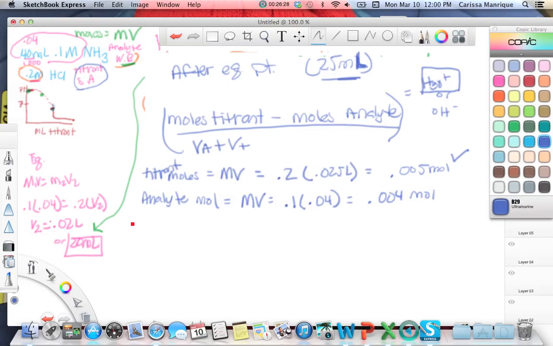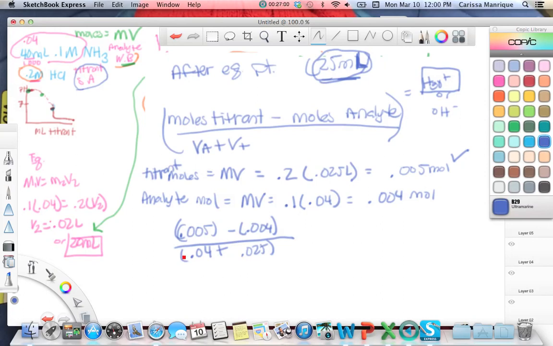Okay, so let's plug this in. Our moles of titrant is 0.005. Our moles of analyte are 0.004, divided by our analyte volume, which hasn't changed, so it's still 0.04, plus the volume of our titrant, where we've added 25 milliliters, so that's 0.025.